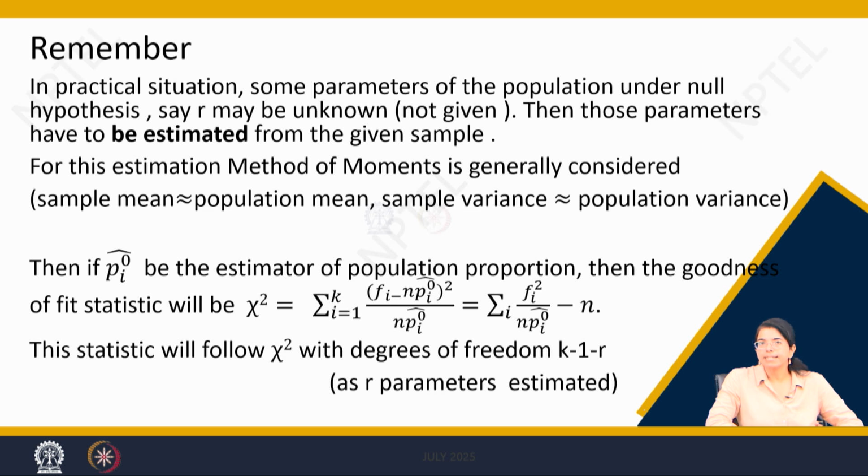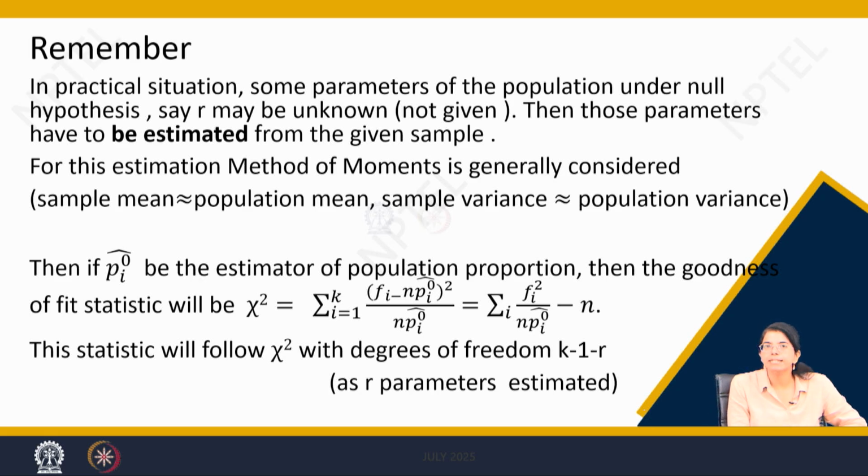And for this estimation, generally the method of moments is considered. What is the method of moments? That the sample mean is a better approximation of the population mean, and the sample variance is a better estimate of the population variance.